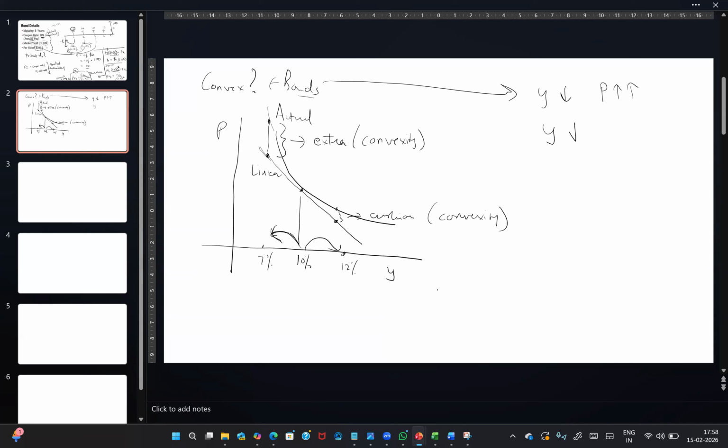And when the yield rises, on the other hand, the price doesn't fall as much. So there's always a cushion when the yields rise, but when the yields fall, the price rises by more than what linearity gives. And this is why we say bonds are convex in nature. So this is the convexity of bonds. How to calculate this part, we will see in the next session. That's calculated using convexity of the bonds.